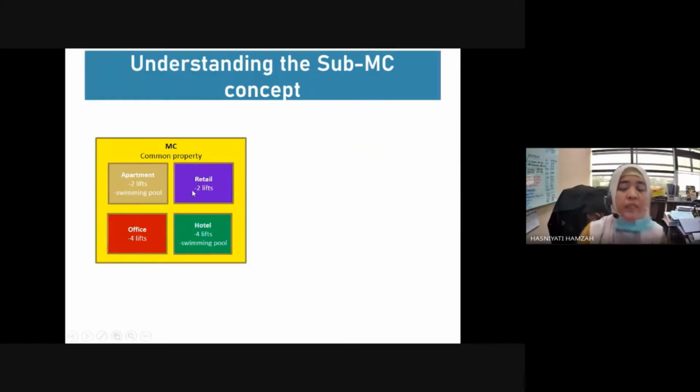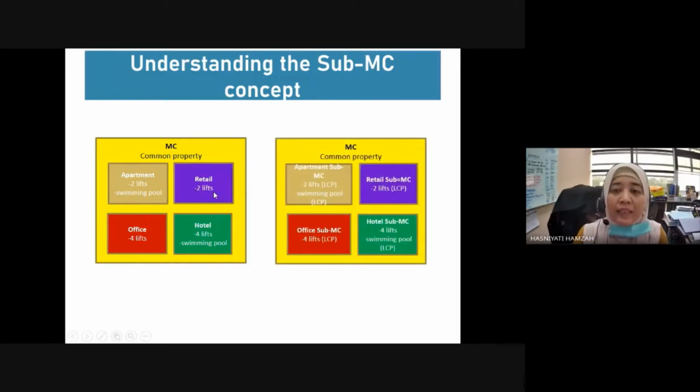Once we have designated that these common properties belong to these users, for instance, the 2 lifts and the swimming pool are the limited common properties belonging to the apartment. The 2 lifts in the retail belong to the retail. The lifts in the office belong to the office user.